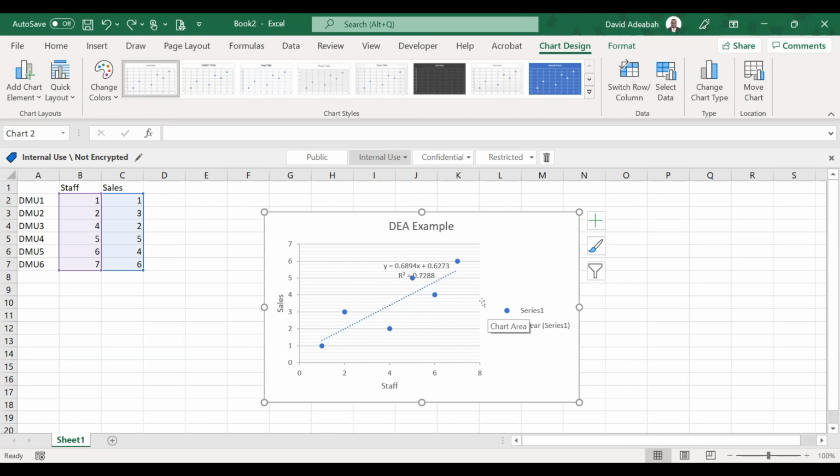But you can now see that the coefficient of X, which is the staff, is 0.69. So a 1 unit increase in staff will increase sales by 0.69 units. So you are able to know by how much staff is affecting sales. Regression is able to tell us by how much.